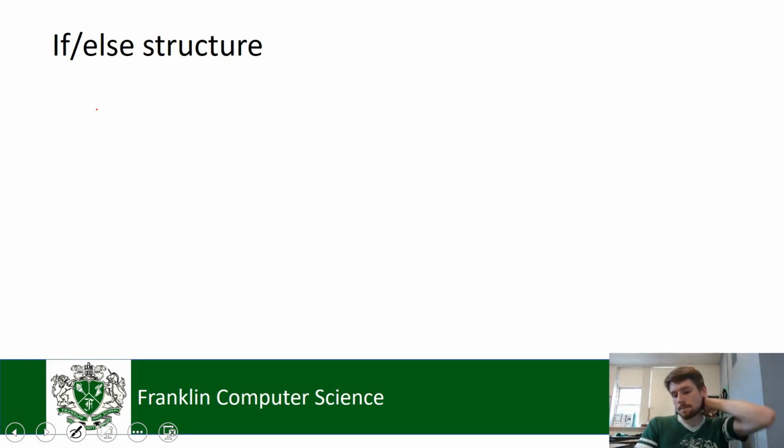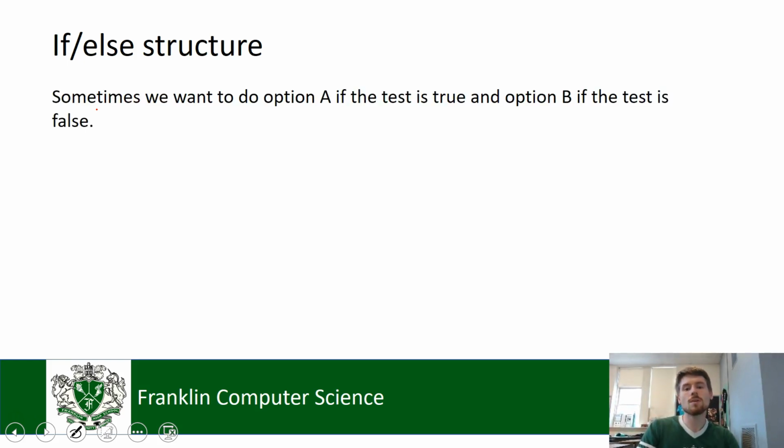Okay, so if-else structure. So the other thing you can do is you can have multiple things to do. It doesn't have to just be if this is true, then do that. You could have two options, right? An option A if the test is true, and option B if the test is false.